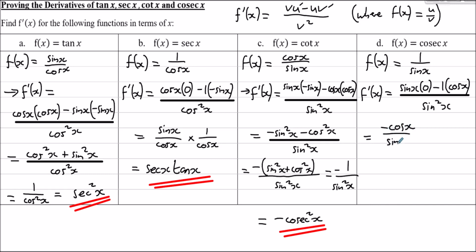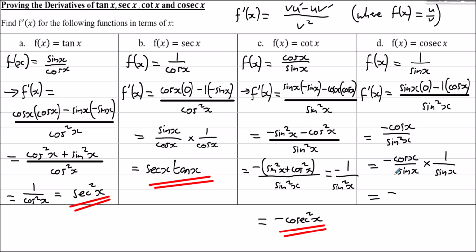And again, in a similar way, what I want to do is section this out into two things. I'm going to section this out into a minus cos x over sine x multiplied by 1 over another sine x. Cos x over sine x is the reciprocal of tan x. In other words, cos x over sine x, you should know, is cot x.